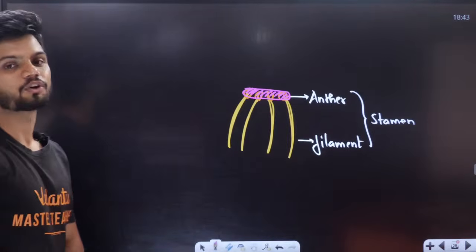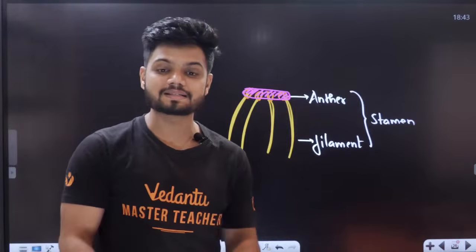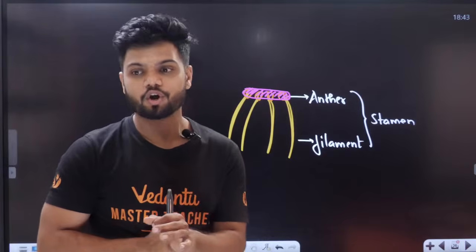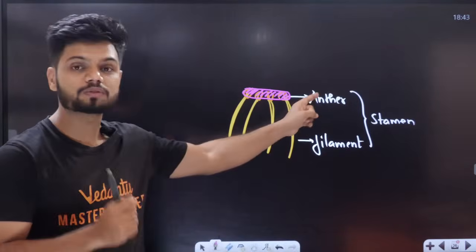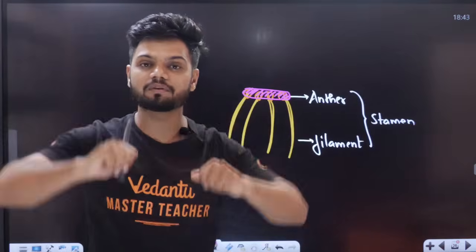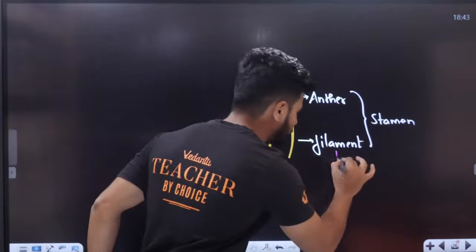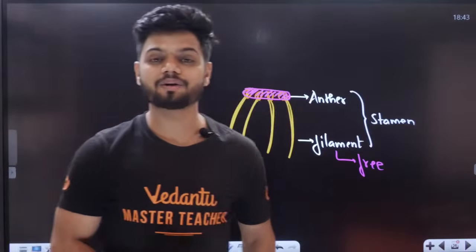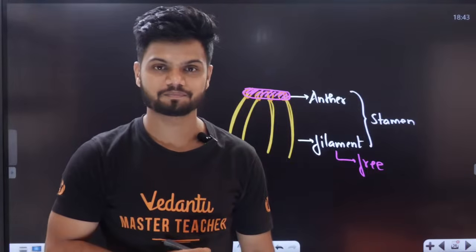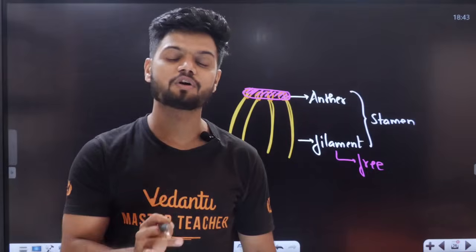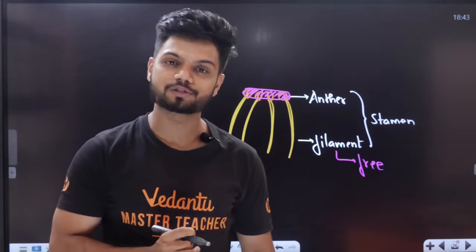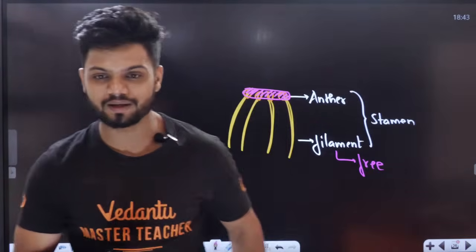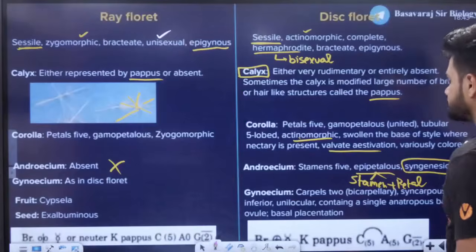Only the anther lobes are fusing, and the filaments are completely free here. That is called the syngenesious condition. It is found in the family Asteraceae, also called Compositae.